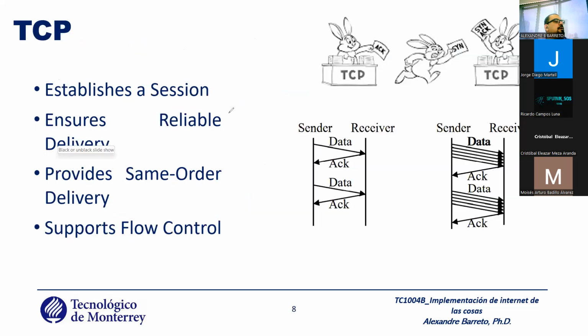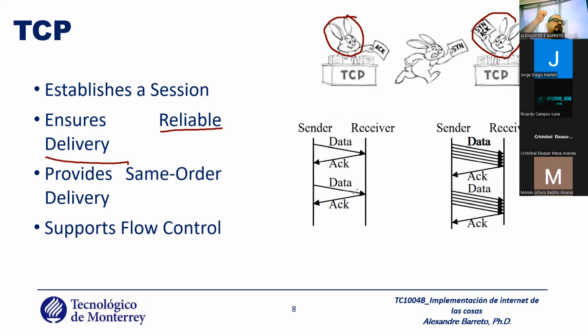And TCP, again, is a reliable delivery. You establish a session. How does it work? Suppose that you are the sender and it is the receiver. When you send the data, the receiver needs to send back, "I received the packet." Like in this example, you send the data and the receiver says, okay, I received the message, and sends an ACK.